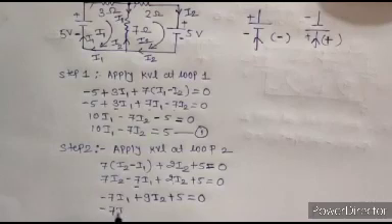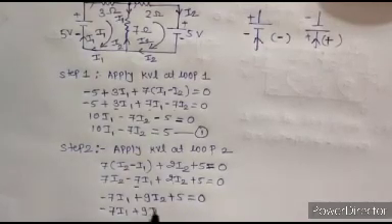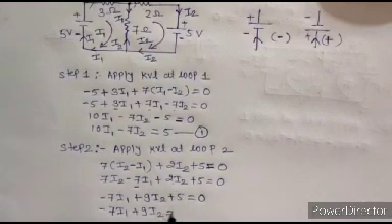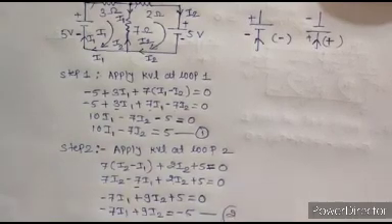If this voltage is shifted to the other side of the equal sign, plus 5 becomes -5. This is our equation number 2.